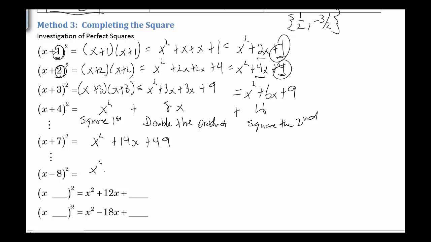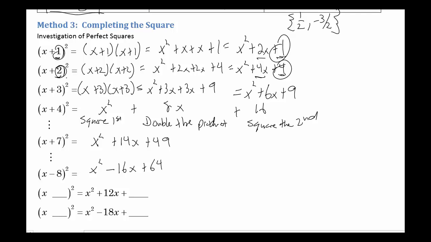And this is x squared minus, did you catch that? 16x plus 64. Okay, so we have this very interesting pattern where if it starts off at the basic x plus a number and we're quantity squaring that, we have this square the first, double the product, square the last pattern.